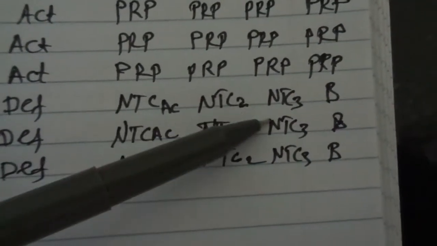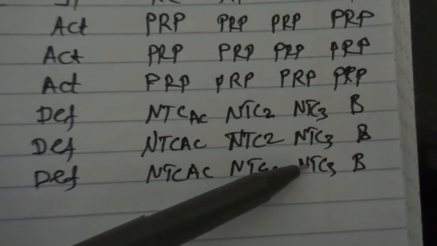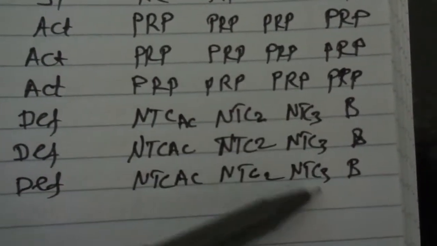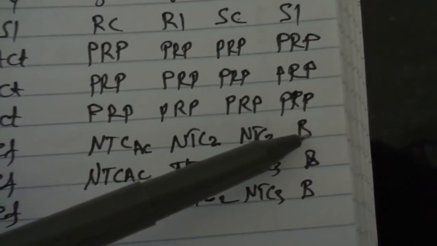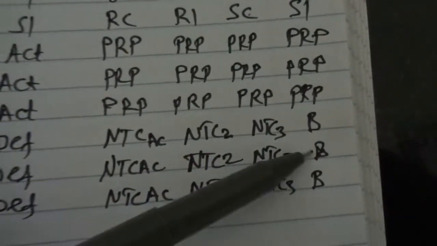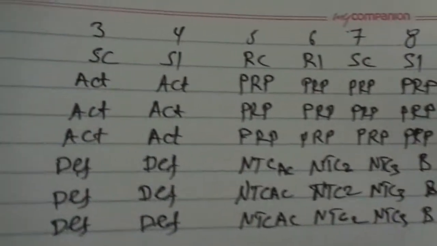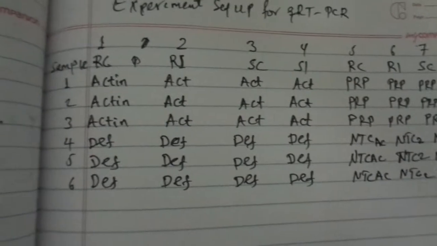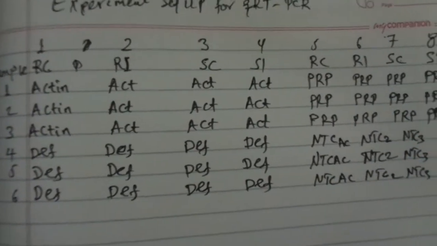And then no template control for pathogen related protein gene, also replicated 3 times. And the last 3 wells are blank, without any reagent or samples. So according to this, our experiment is set up.